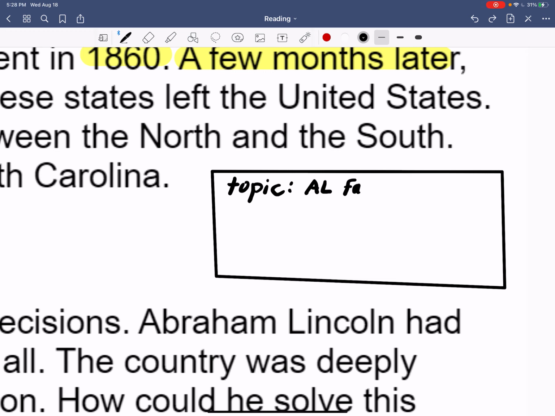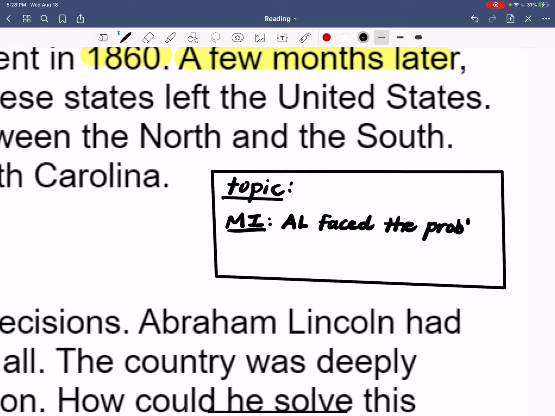Actually, I'm doing the main idea. I'm sorry. I am so tired, guys. I'm so sorry. Topic. Let me go ahead and finish my thought, and then we'll come back to the topic. Main idea. Abe Lincoln faced the problem of a civil war during his presidency.